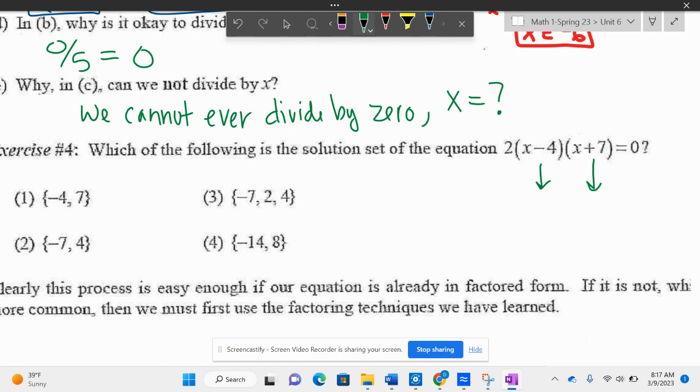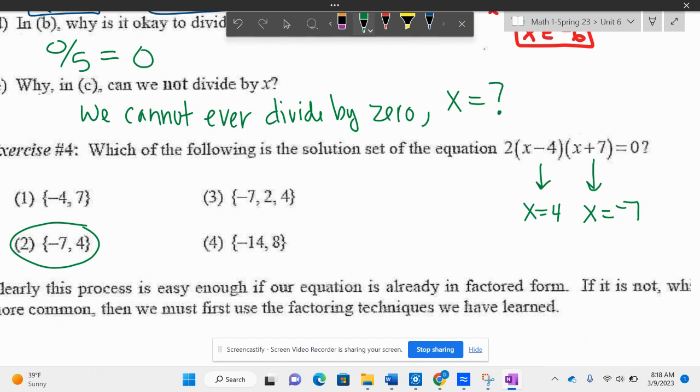So what's the opposite of minus 4? Plus 4. So this is x equals 4. So the solution to x plus 7 equals 0 is x equals negative 7. And so the solution is number 2. Our answer choice is number 2.